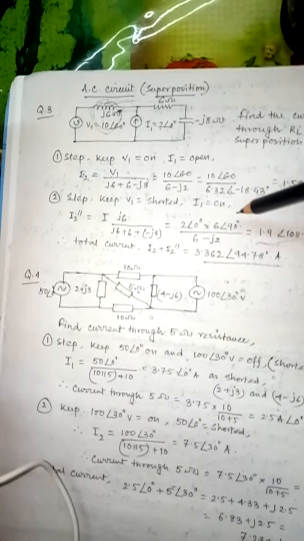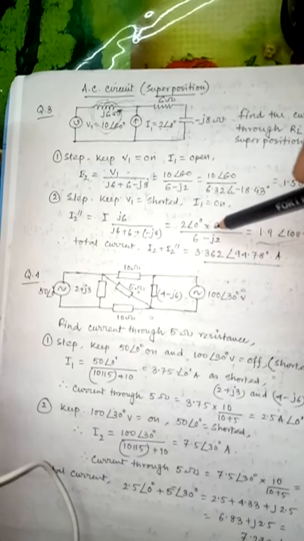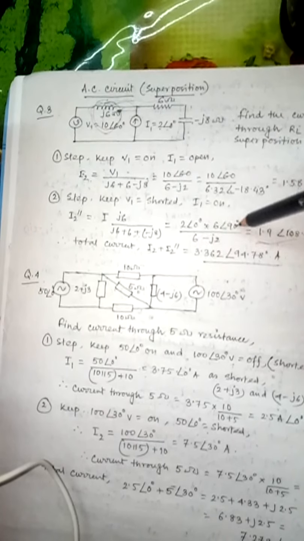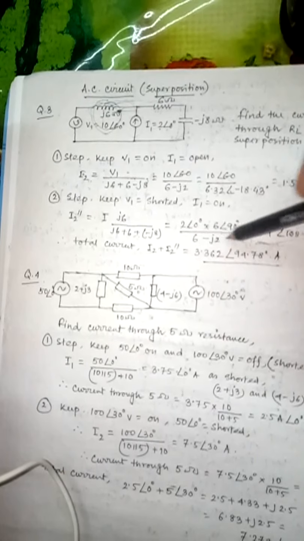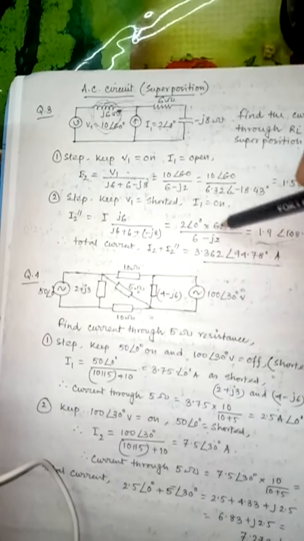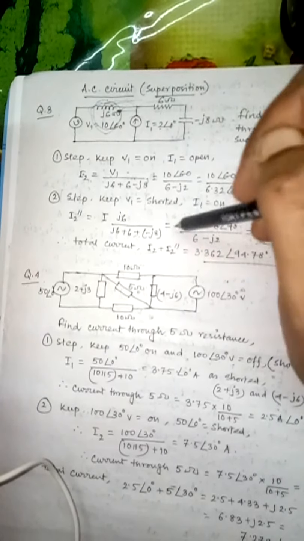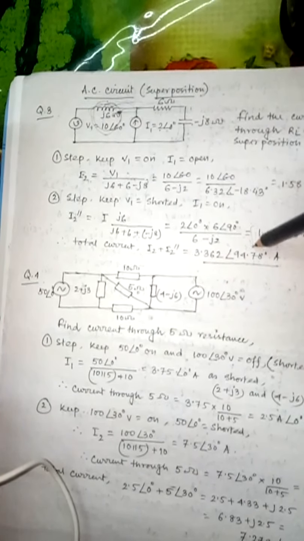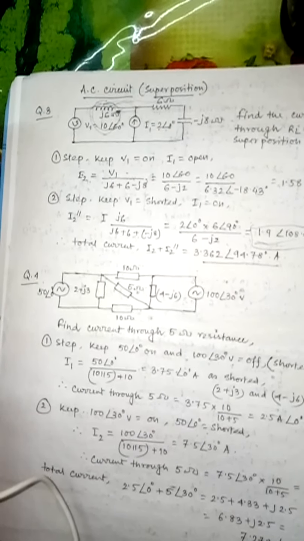When you multiply, the angles add up; when you divide, the angles are subtracted. So you can easily convert to amplitude and modulus, and calculate the total angle and value. Multiplication and division are easy. So that is 1.9 angle 108.43, the answer for I2 dash.